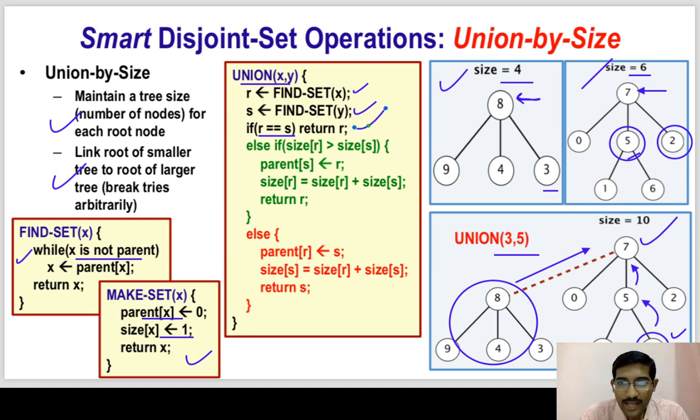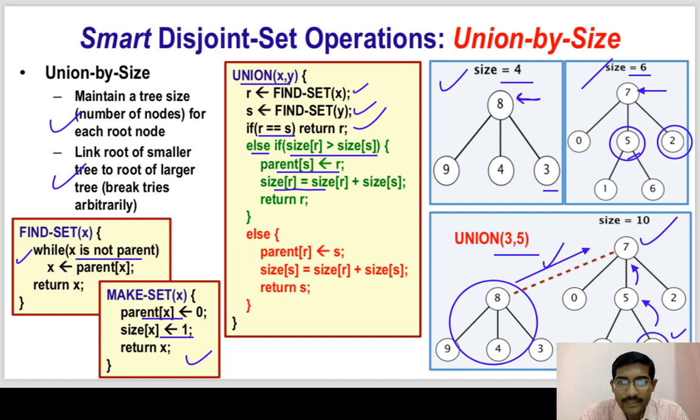However, as we have just discussed, in case R is not equal to S, that is the else if part. If one size is more than the other, then we make the lesser size parent point to the more size representative element, as we did here.